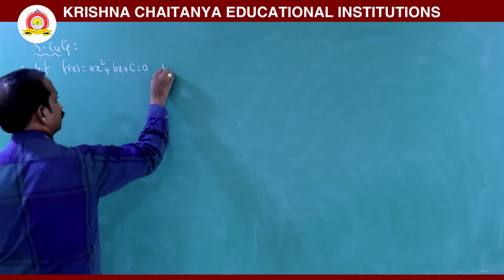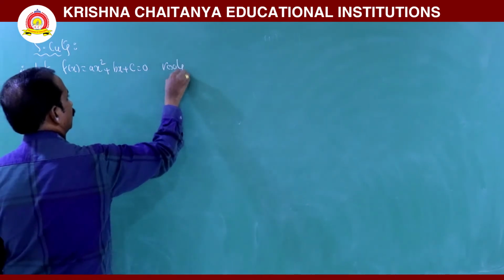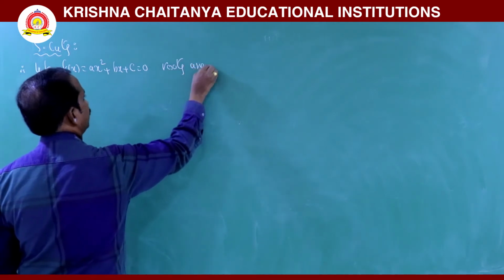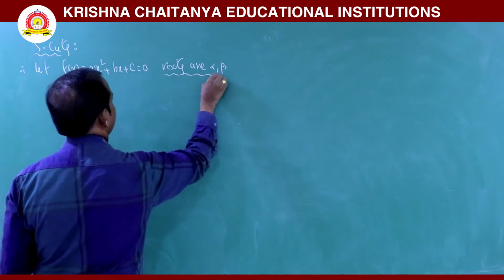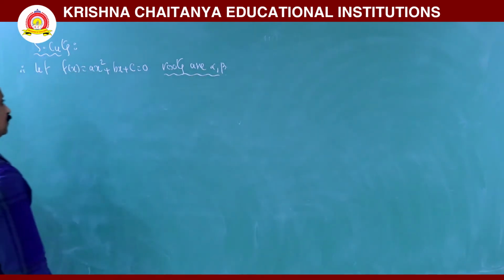The roots are alpha, beta. What we need?